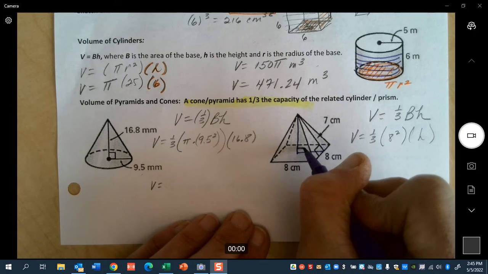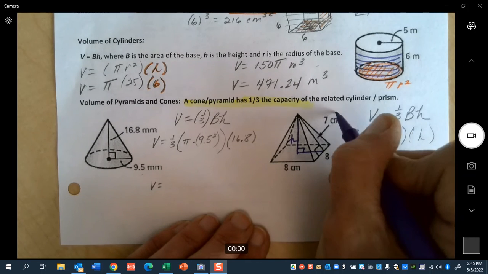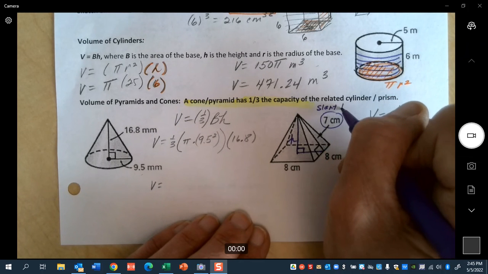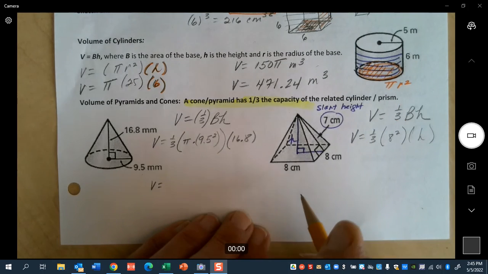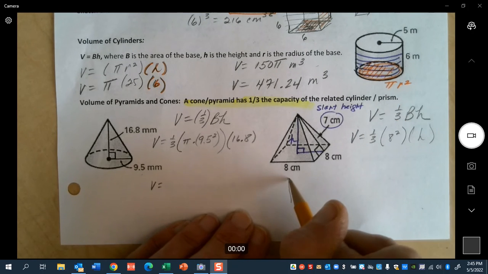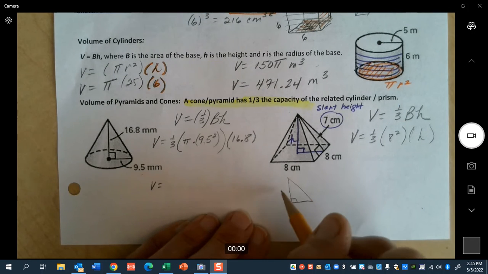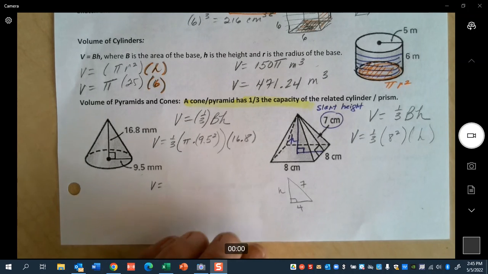So that area of the base times the height, this is the height that I have. This 7 centimeters is my slant height. So I'm going to need to do some triangle math. Hello again to Pythagoras. This is what I'm looking for, this is what I have, and this is what I have.